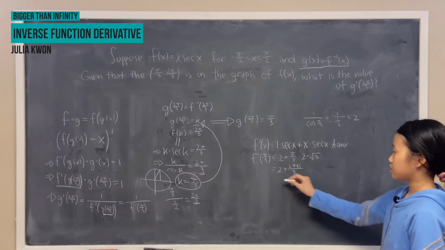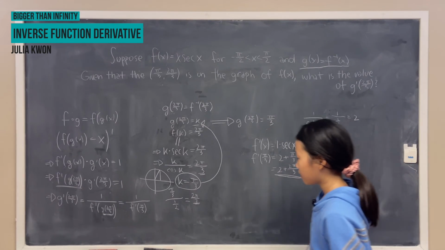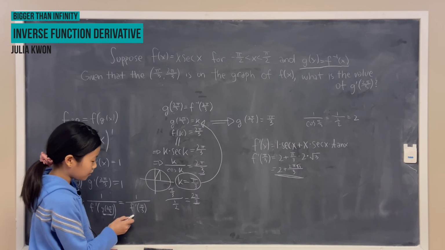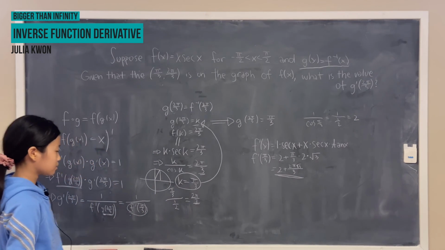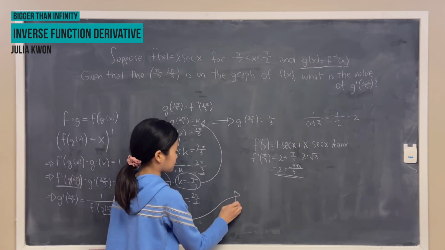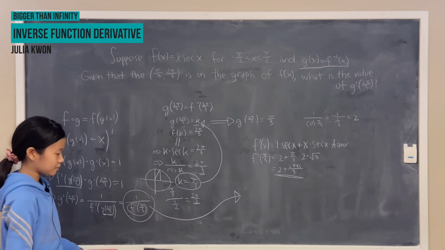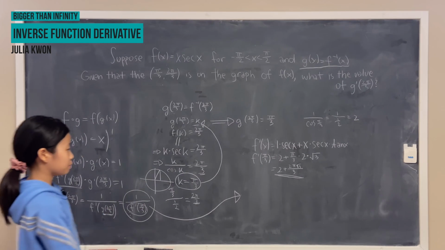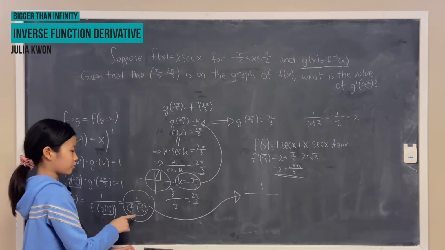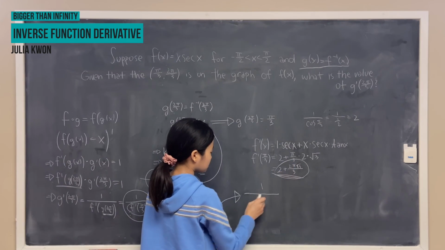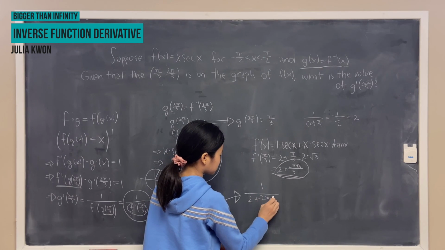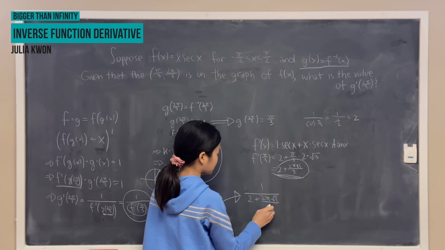And we can just replace this part with the f prime of pi over 3 here. I'll just write here now, since I'm going to run out of space. So then we would get 1 over f prime of pi over 3, which is 1 over 2 plus 2 pi times square root of 3 all over 3.